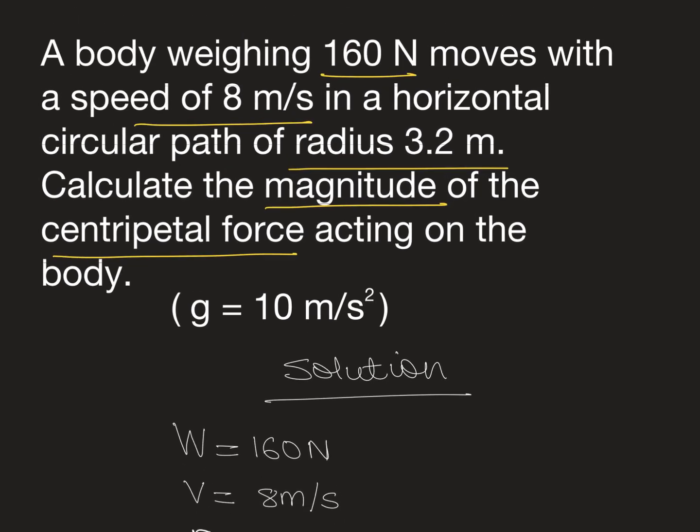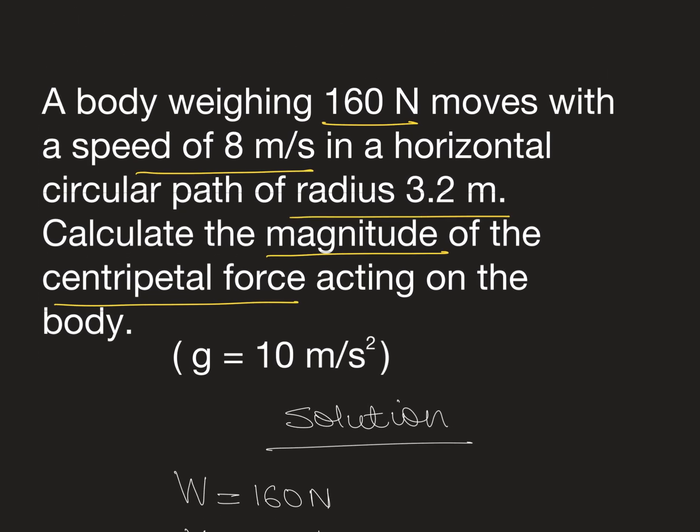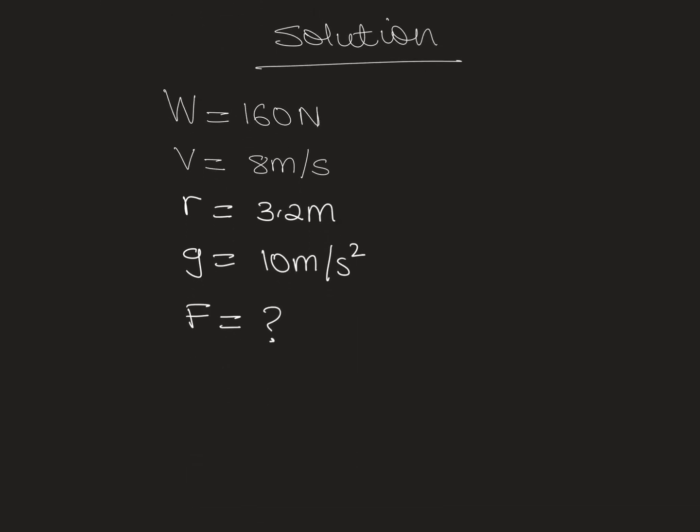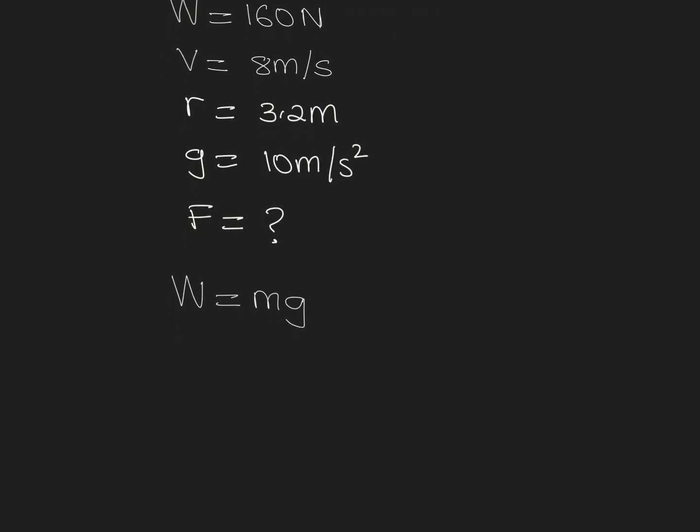One thing I would like to remind you about is that the weight of the object is not the centripetal force, but we can use the weight of the object to determine the mass of the object. Using weight is equal to mass times gravity, if we want to find the mass, we divide both sides by g.